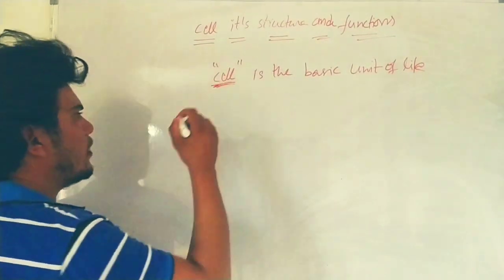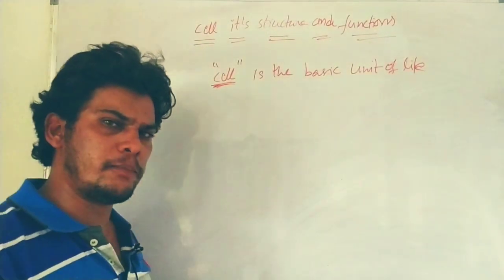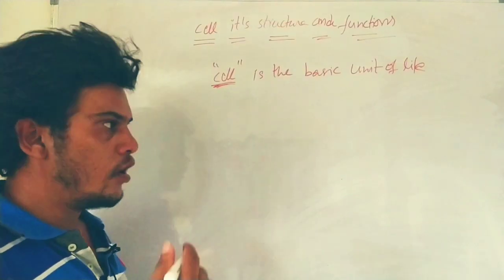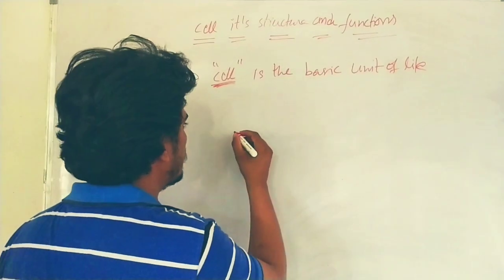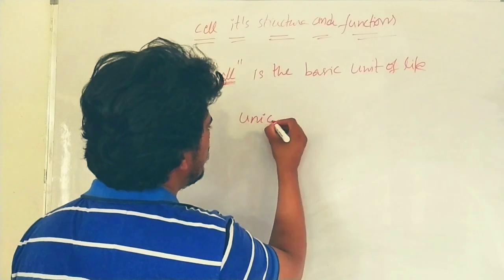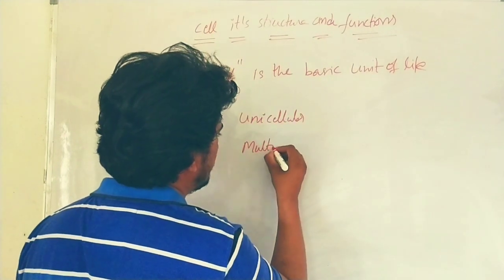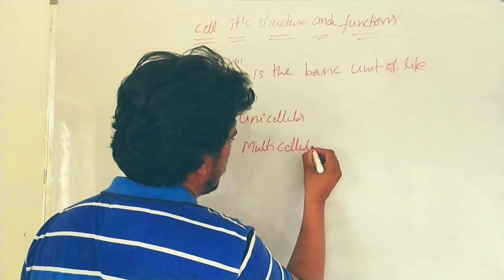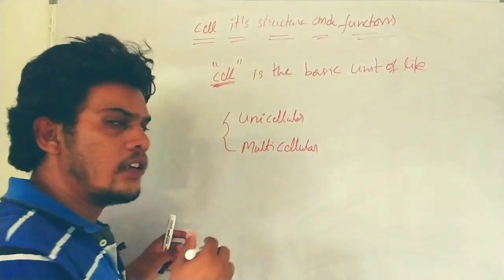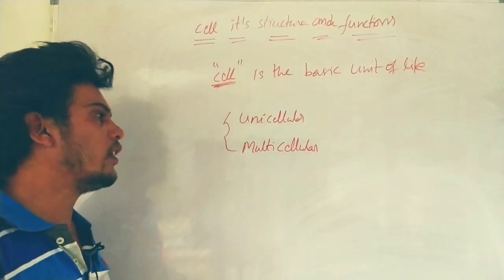So depending upon the number of cells present, organisms can be classified into unicellular and multicellular. What are unicellular?